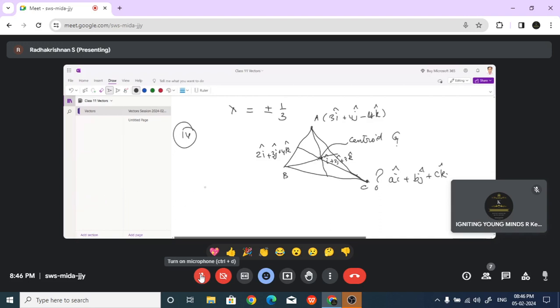Okay, so if you take the i values, 2 plus 3 plus a by 3 is equal to 1. Right? So this gives me a equal to 3 minus 5, minus 2.